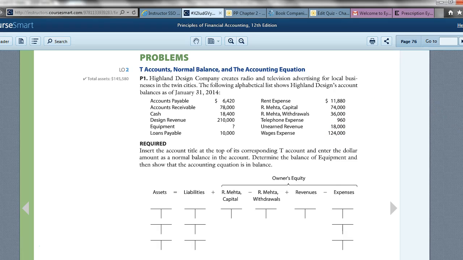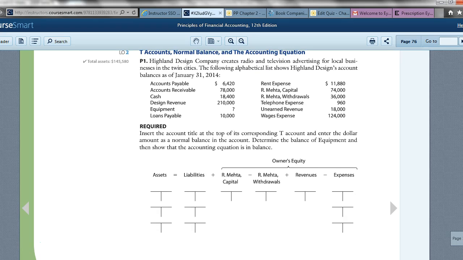Our job is to record them as an asset, liabilities, then we've got our meta capital, our meta withdrawals, revenues, and we have 3 expense accounts. So the first thing we're going to do, does your T accounts show the breakdown of the accounts, or do we have to fill them in on your sheet of paper there?